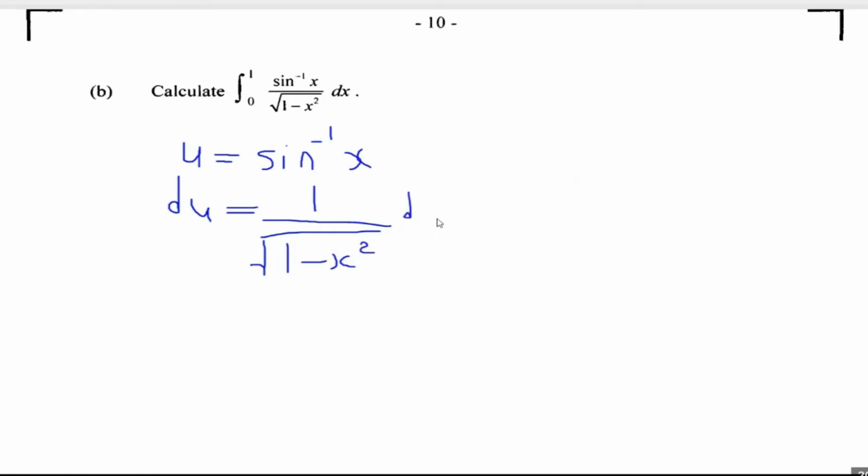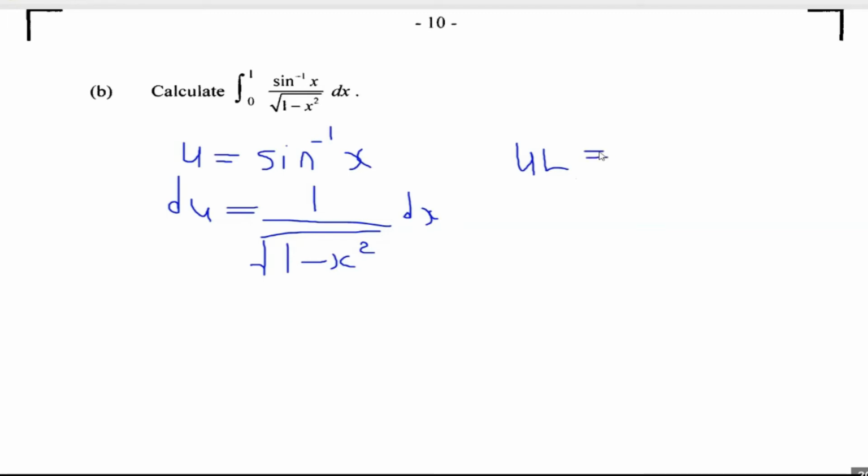But no, we're not finished yet. We need to talk about the upper limit and the lower limit. We always have to change the limit. Plugging in x is 1, we get the sine inverse of 1.